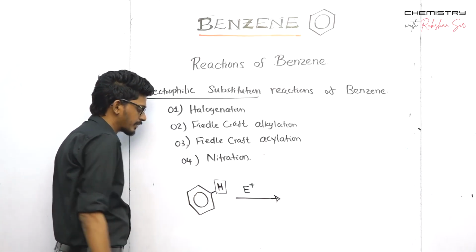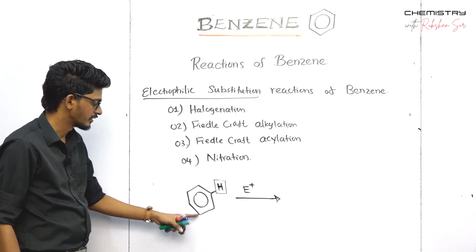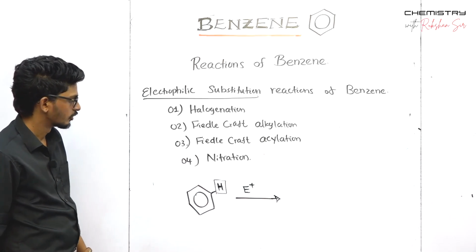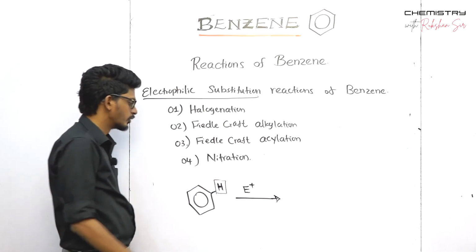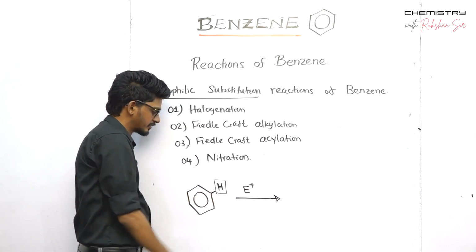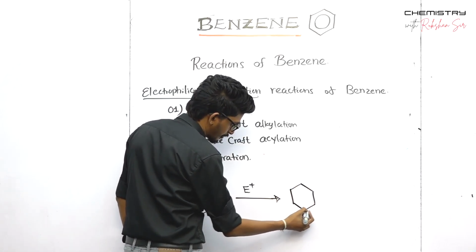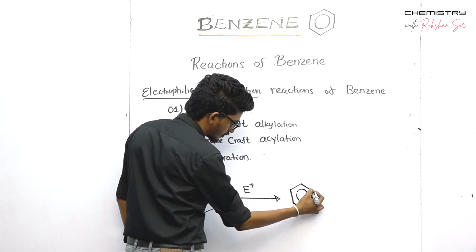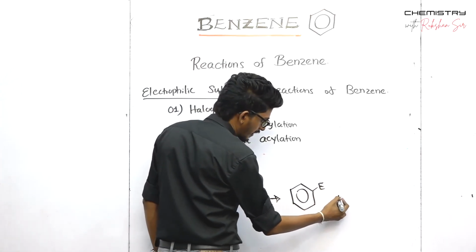You have 6 hydrogens here with benzene, C6H6. In electrophilic substitution reactions, the incoming electrophile will replace one of these hydrogens to connect to the benzene ring. That is what substitution means. Instead of the hydrogen, the electrophile will be added.